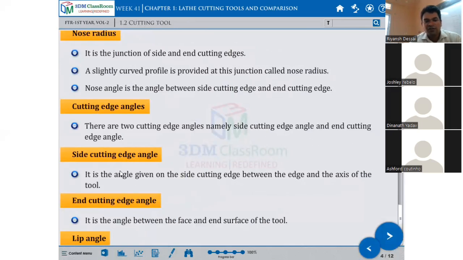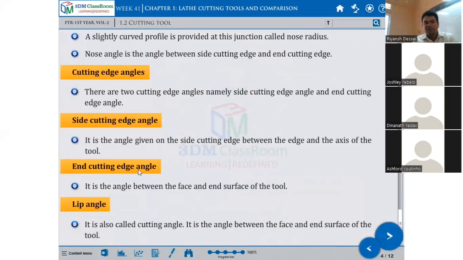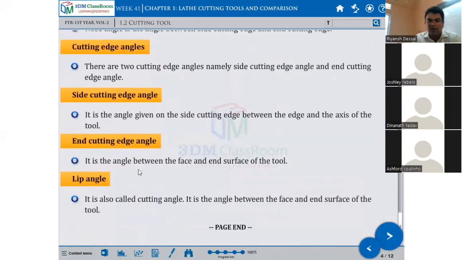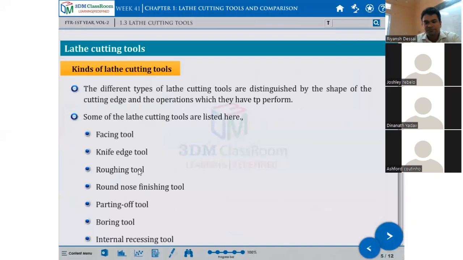Side cutting edge angle is the angle between the side cutting edge and the axis of the tool. End cutting edge angle is the angle between the end cutting edge and the surface of the tool. Lip angle, also called the cutting angle, is the angle between the face and the end surface of the tool.